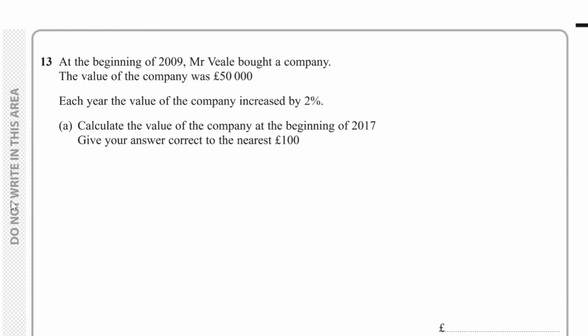So from 2009 to 2017, this is 8 years. So if we calculate the value of the company at the beginning of 2017, we've got 50,000, the original amount, multiplied by 1.02 to the power of 8.